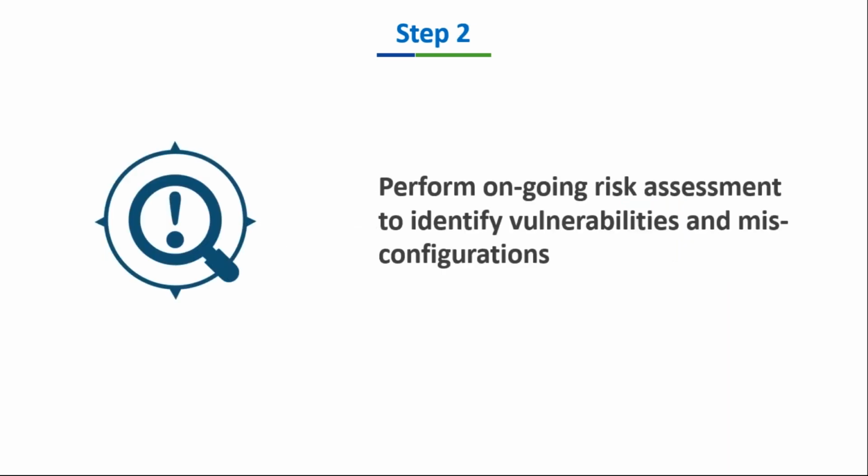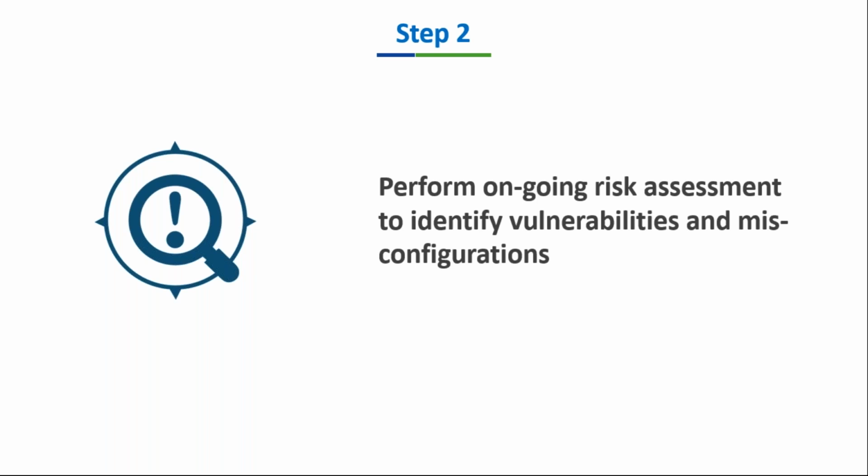Step two is having an ongoing risk assessment to identify vulnerabilities and misconfigurations. When I say ongoing, we talked about the statistics that on a daily basis newer vulnerabilities are discovered. So it's important to have a daily or continuous assessment of these vulnerabilities, our ability to know what kind of vulnerabilities and misconfigurations are present, and whether these systems are being hardened or not.